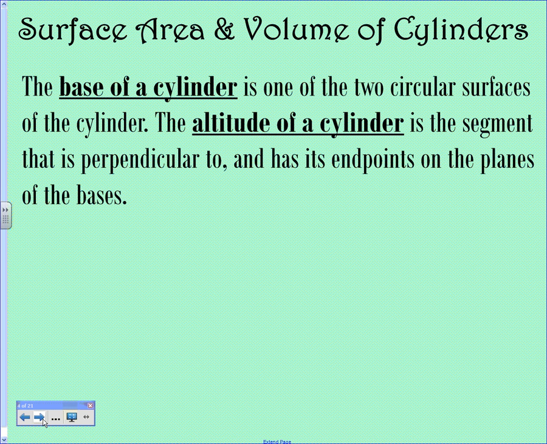The altitude is the segment that is perpendicular to and has endpoints on the planes of the bases.